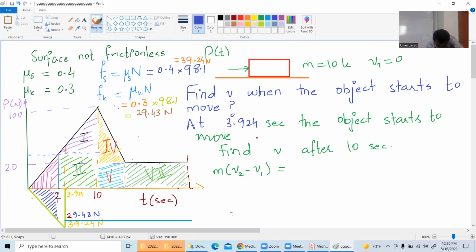Then I will have, let me put a light color, and I will put a line like this.